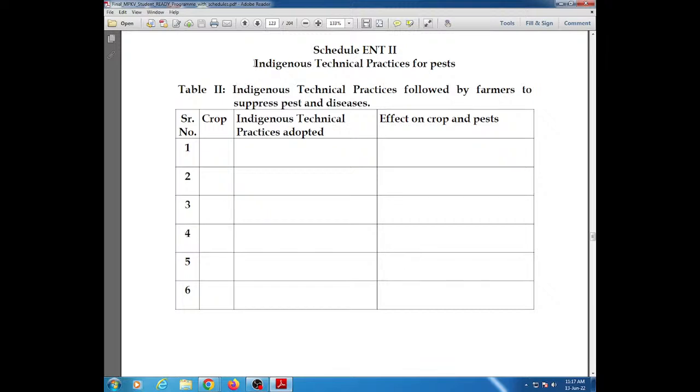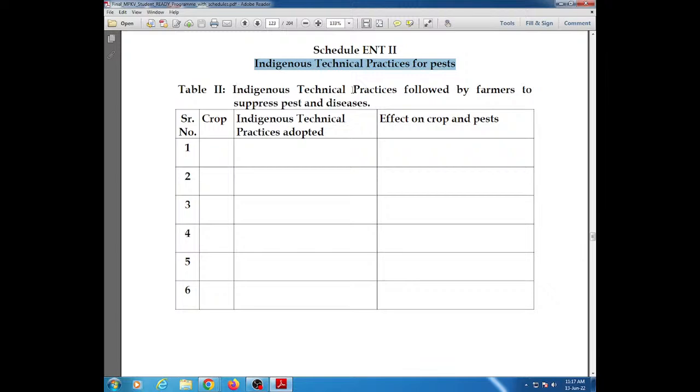Here you have to gain the knowledge. Now you are not recommending anything, but you are gaining the knowledge from the farmers or the people working over there in the farms. So what is this? Indigenous technical practices for pests, means indigenous, what we people can get from the farmers is they are using some other methods other than what are taught in your theory, or you may say the curriculum.